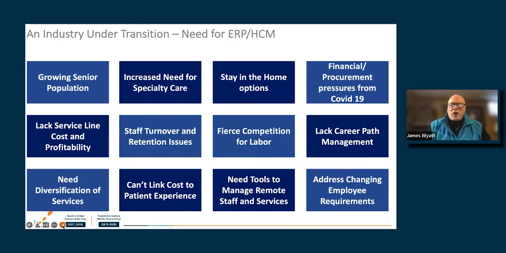Because when you look at what you're stressing under, you have a growing senior population. We're going to talk about the baby boomers in a moment. They do need more specialty care. They want stay-at-home options, which creates more service options and service requirements from you as a delivery organization. That brings a lot of questions around cost and profitability in those areas.